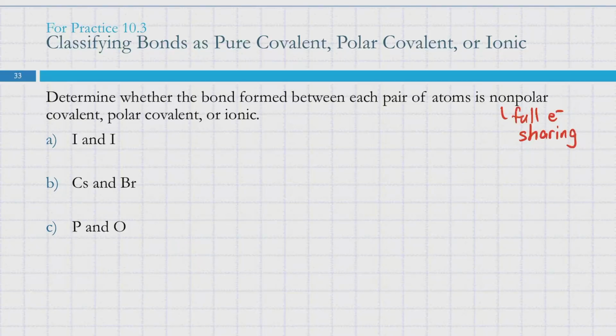And what about polar covalent? Are they completely shared, partly shared, or transferred? They're partly shared. They're a little bit hogged by one of the atoms. And then in ionic, are they completely shared, partly shared, or transferred? Yeah, we think of them as transferred, and I think that's only one R.